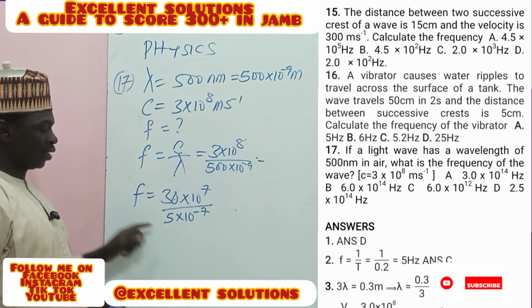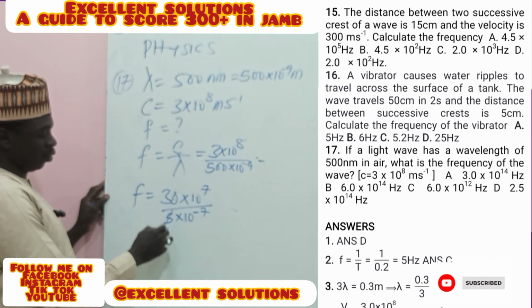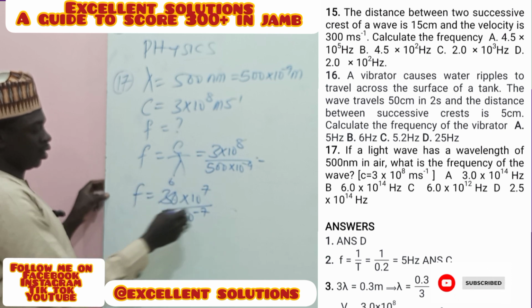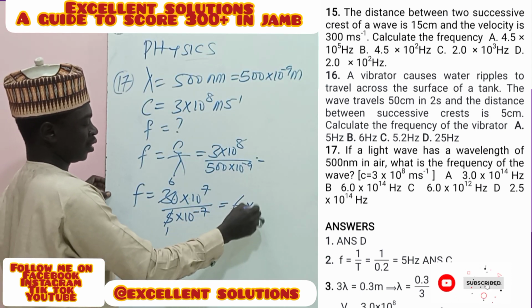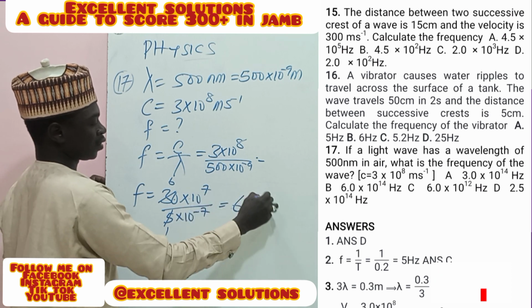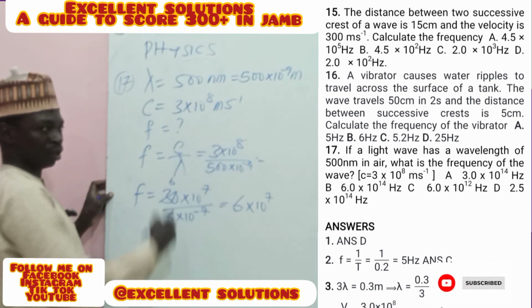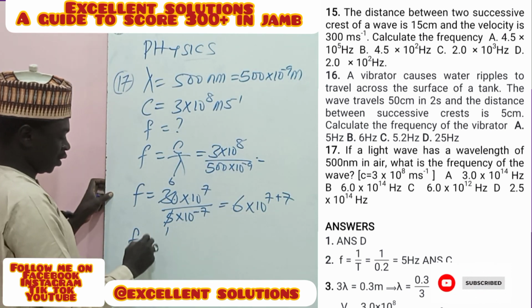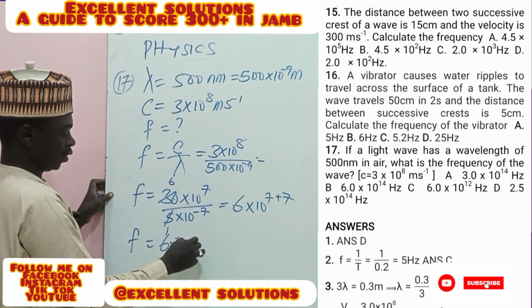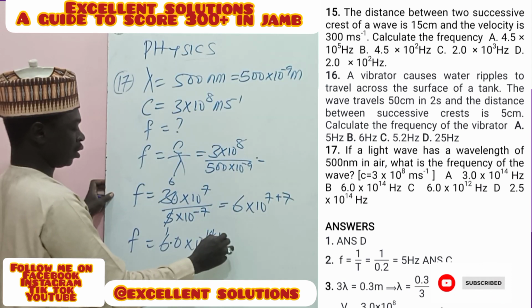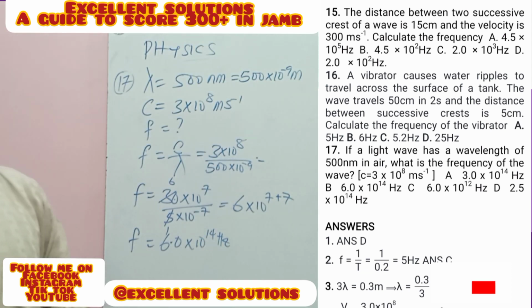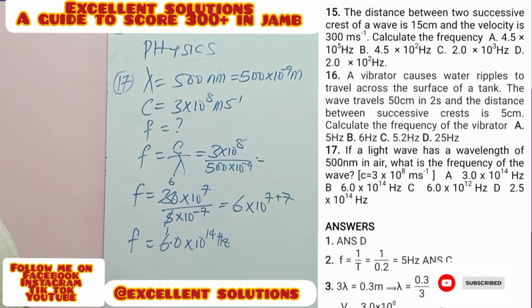So looking at this here, 5 here 1, 5 here we have 6. So this is the same as saying 6 times 10 raised power 7. If this exponential goes up, it becomes plus, so plus 7. So our frequency is now 6.0 times 10 raised power 14 Hertz. If we look at our option B, we have 6.0 exponential 14 Hertz. The answer is option B.